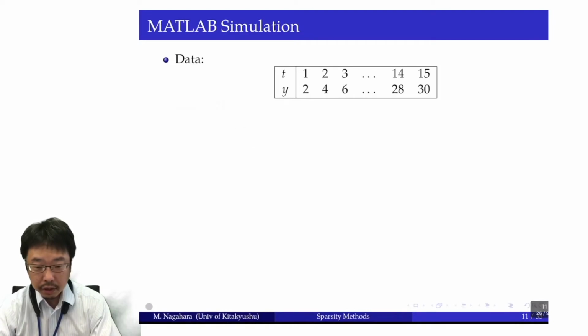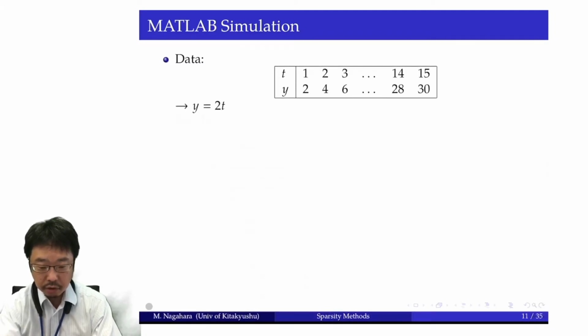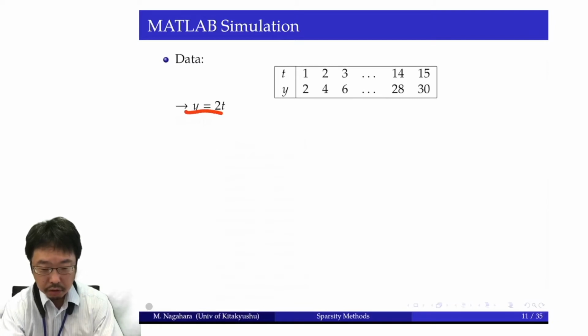Now let's see an example. This is an artificial data set. t is given by 1, 2, 3, 14, and 15. y is given by 2, 4, 6, 28, and 30. That is, the data is generated from the relation y equals 2t.